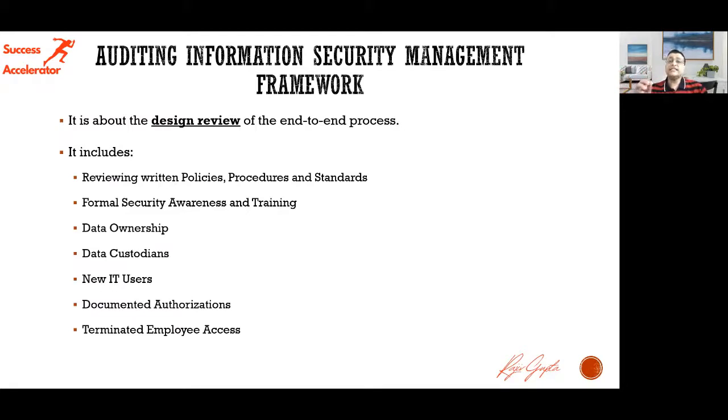Hence there is a risk that the separated employee may access it from the internet, or someone else within the organization may use that person's ID to pass unauthorized transactions. This is always an area of concern, especially with the statutory auditors. So it is very important that the design of this control is reviewed.